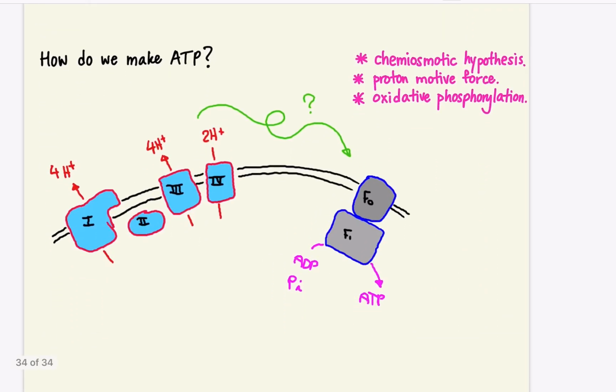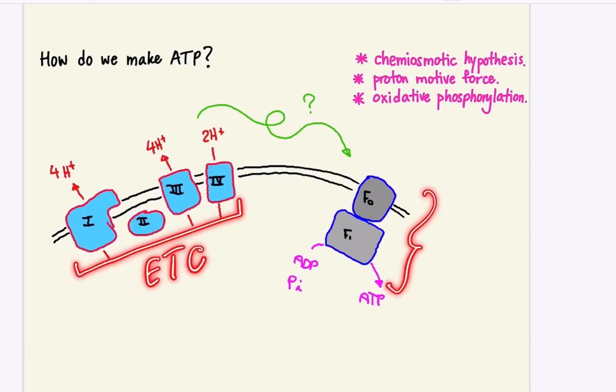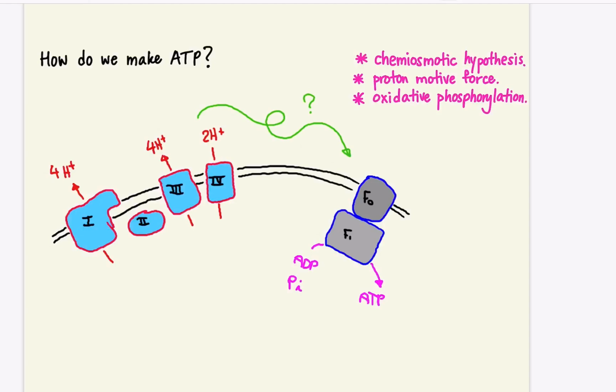What you'll notice is that right next to the ETC, there is this huge multi-subunit protein called ATP synthase. ATP synthase has a portal inside of it that is an opening back to the matrix. So if there's a lot of protons in the intermembrane space, they're going to be super happy because they're going to say, look at that, there's an opening.